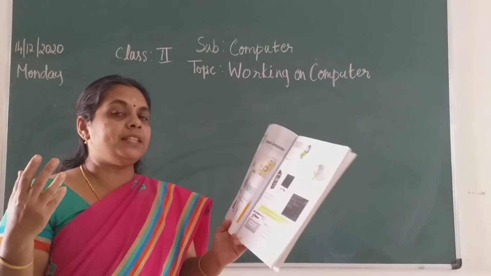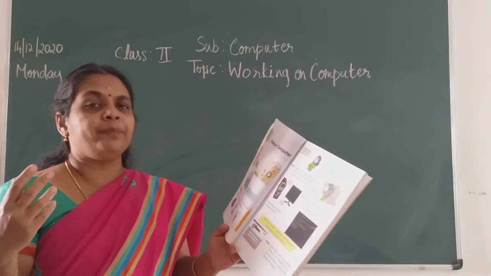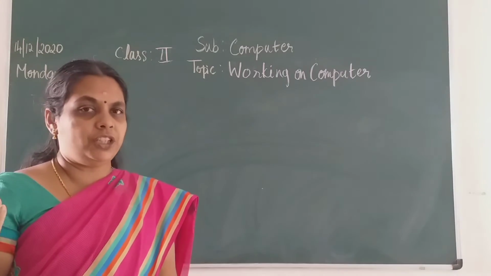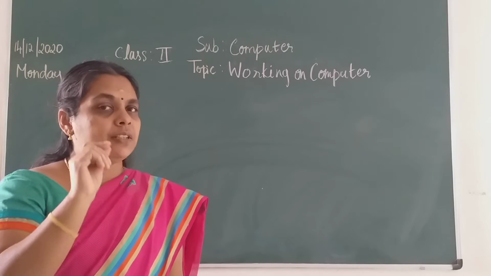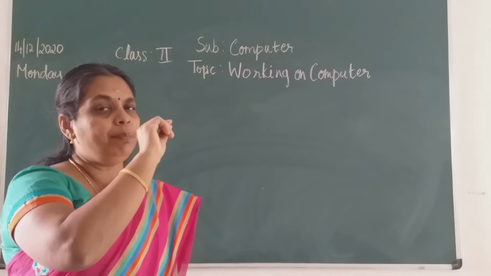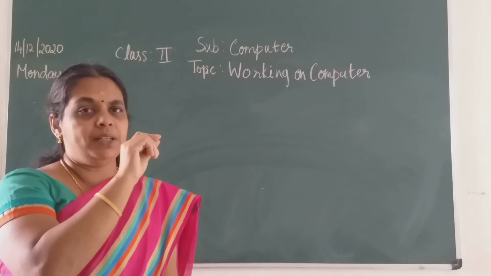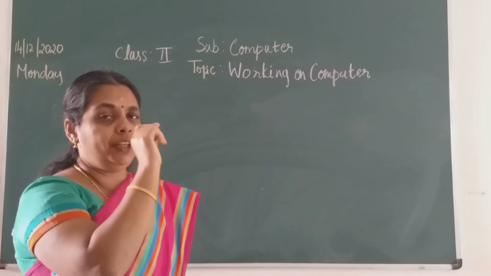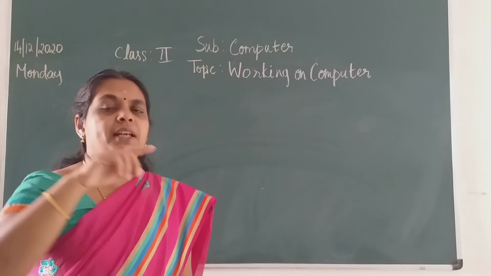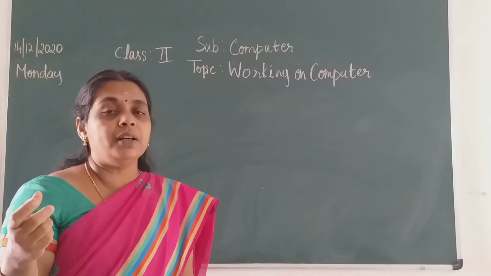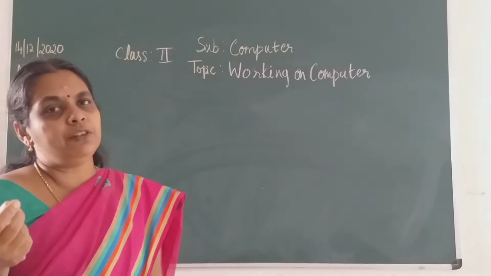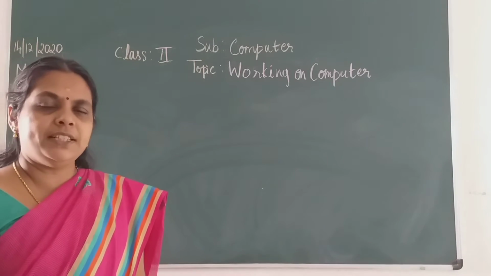So for example, when you want to watch TV, what will you do? First, you will switch on the power supply. The cables will be plugged into the switch box, so you will switch on the mains. Then in the television you switch on with the remote, and again you use the remote to change the channels.